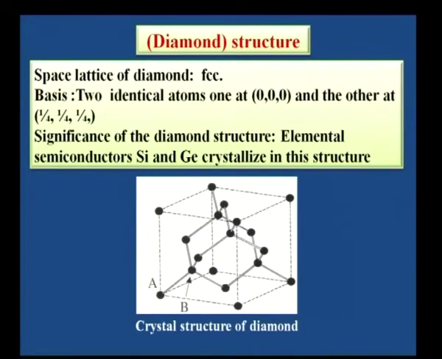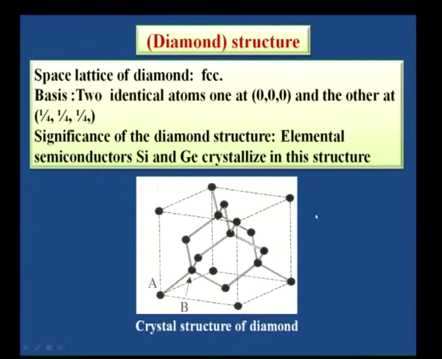Now, the semiconductors silicon and germanium crystallize in this structure. You have heard of a lot of applications of silicon: SCRs, silicon rectifiers, solar cells, very many applications.